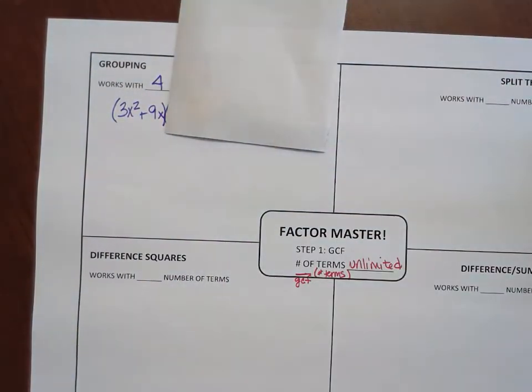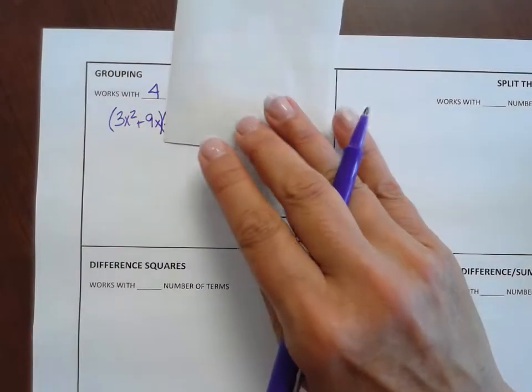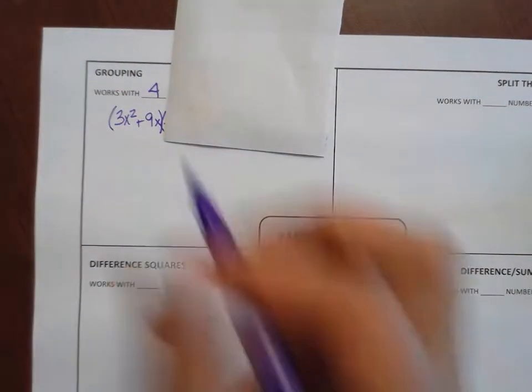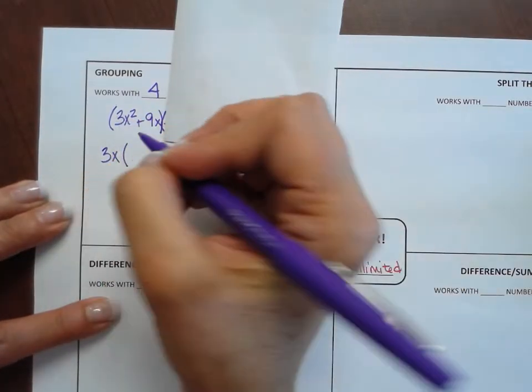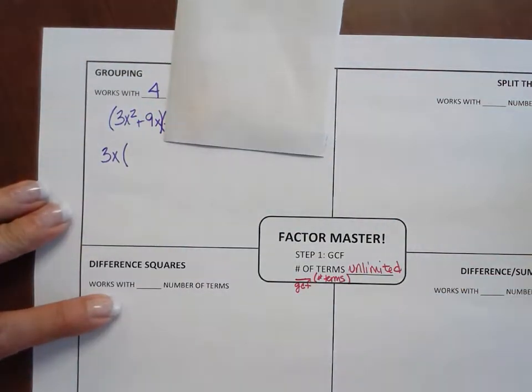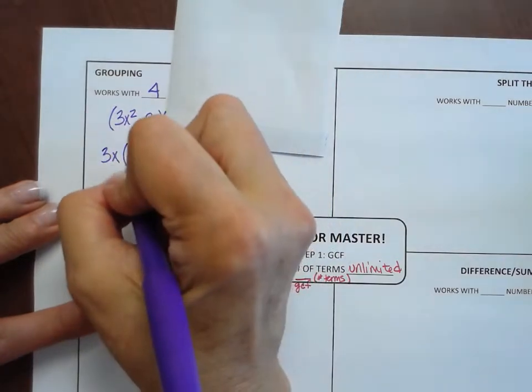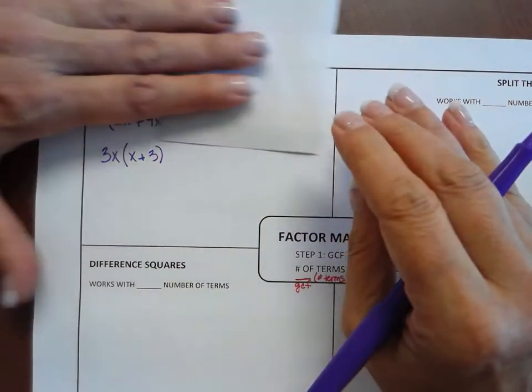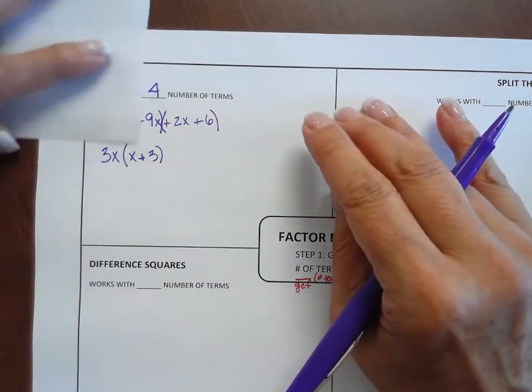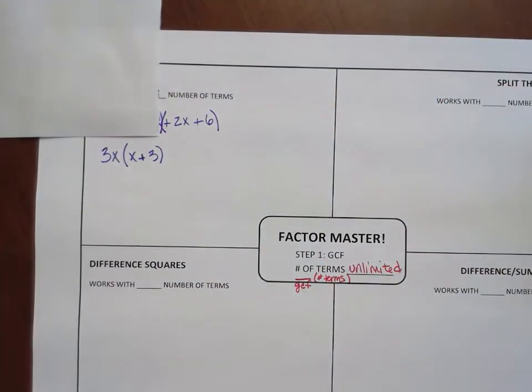So what's my greatest common factor? 3x, I'll agree with that. So that goes on the outside, and what am I left with? X plus 3, I'd agree with that one. Now let's look at this other problem. What's the greatest common factor of that one going to be?